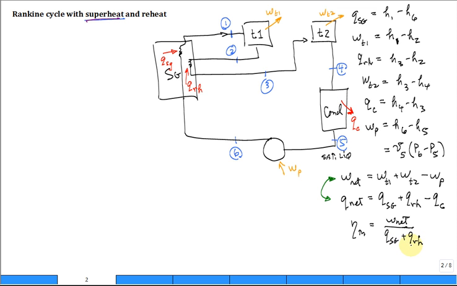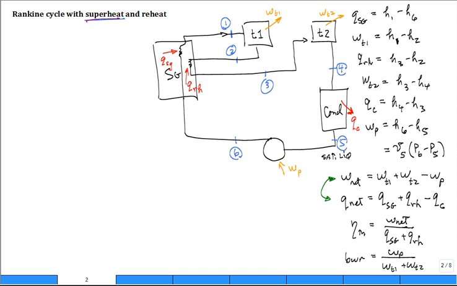See that for the thermal efficiency? And then the back work ratio is the work of the pump divided by the work out of turbine 1 plus work of turbine 2. So these, especially the last two, are the bottom line. How is the system performing?